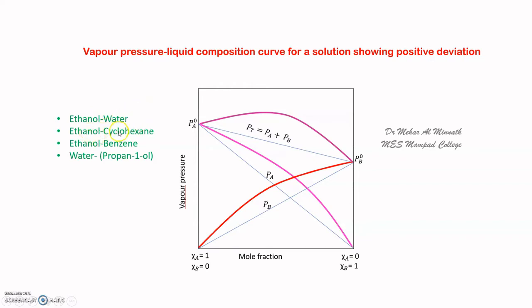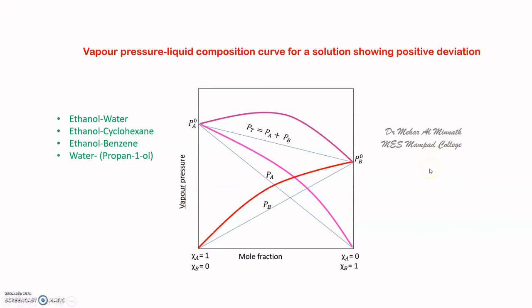The interaction between ethanol and cyclohexane will be weak when compared to the interaction between ethanol and ethanol, and cyclohexane and cyclohexane. And hence the vapor pressure of the solution increases. The partial pressure with respect to each component also increases when compared to that of the pure component. So that is for solutions showing positive deviation.